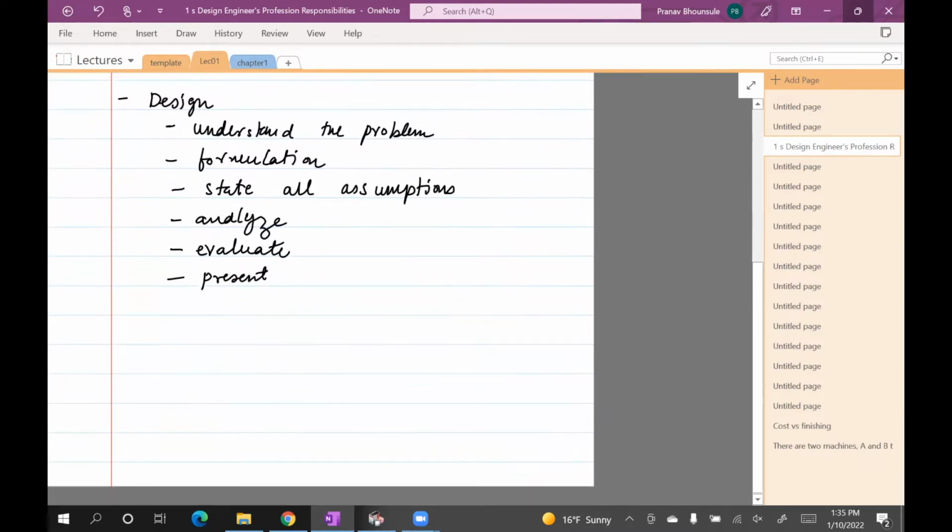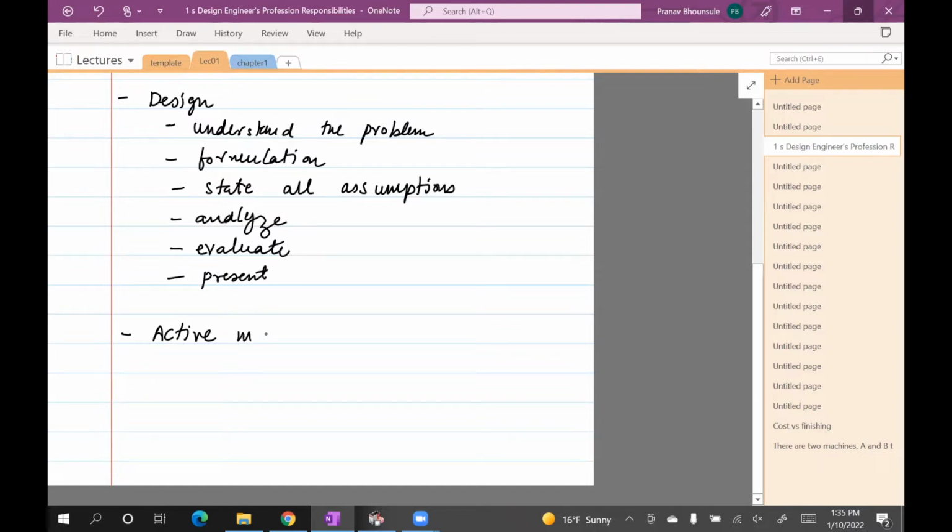Okay, now another thing which people do is they become active members of their society. Some of you might be active members of ASME. As a junior member, you probably learn from your seniors, but as you become a senior member, you train other members.